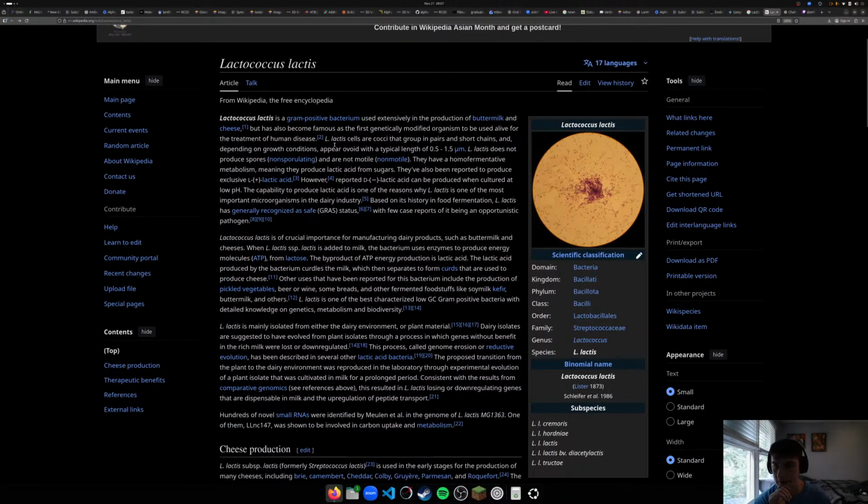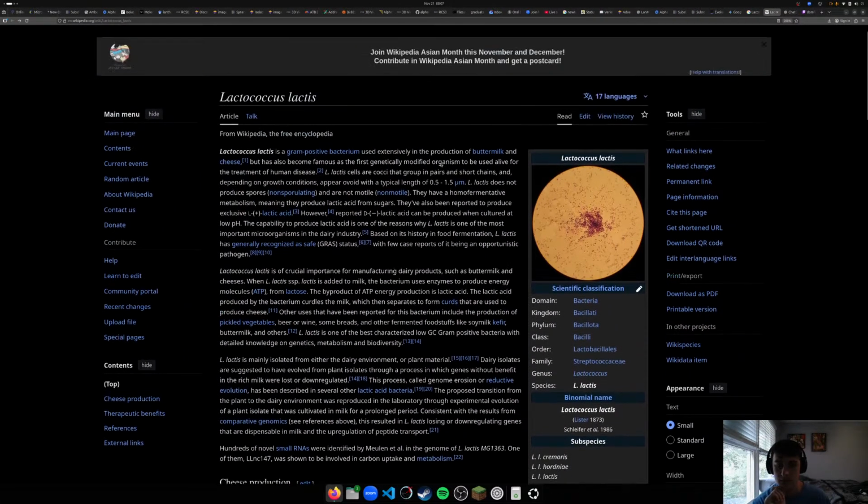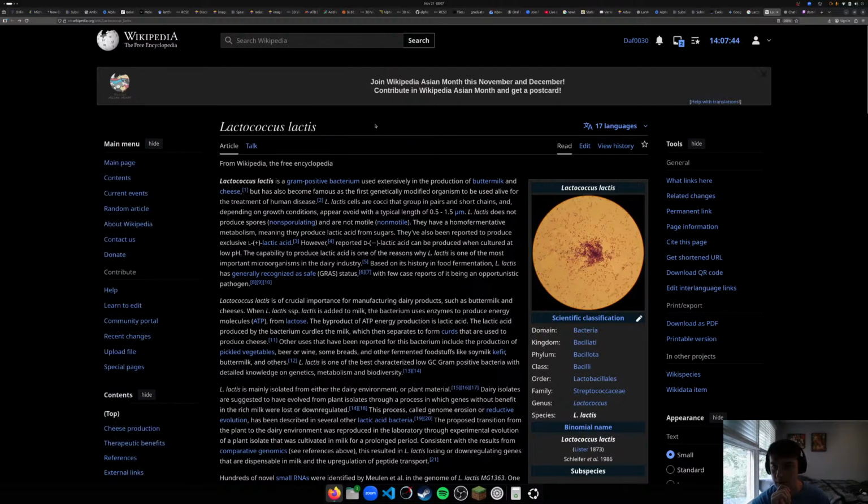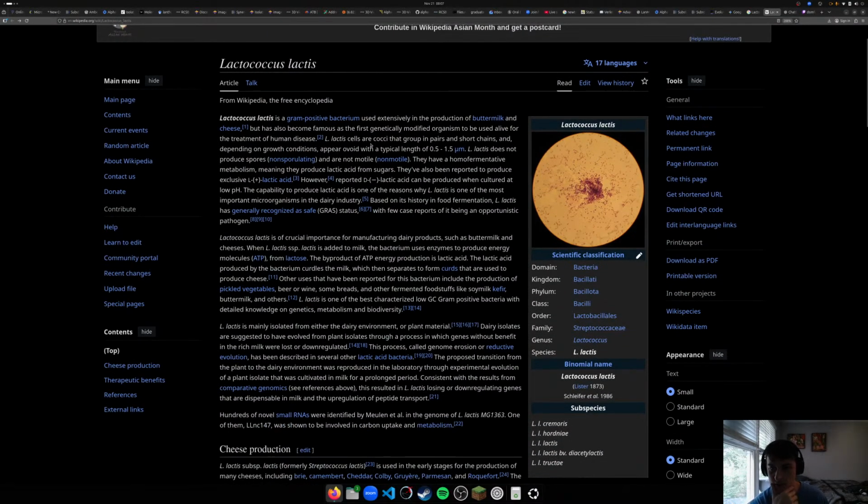Alright, so lacto means milk, right? The production of buttermilk and cheese has also become famous as the first genetically modified organism to treat human disease.